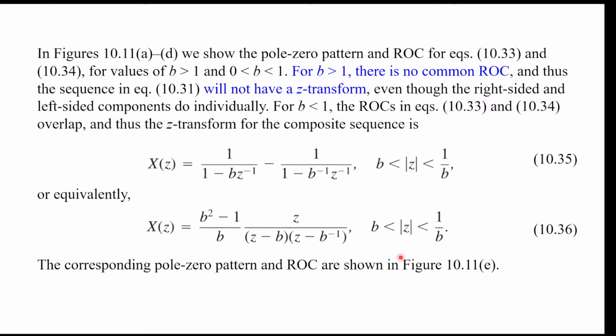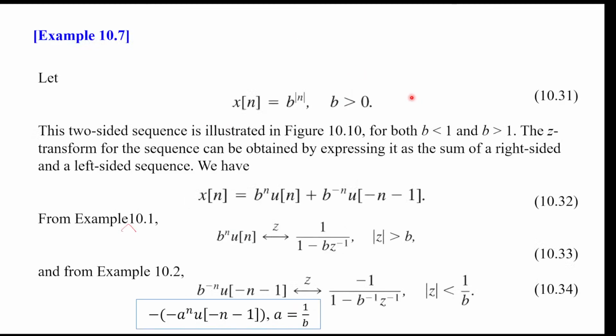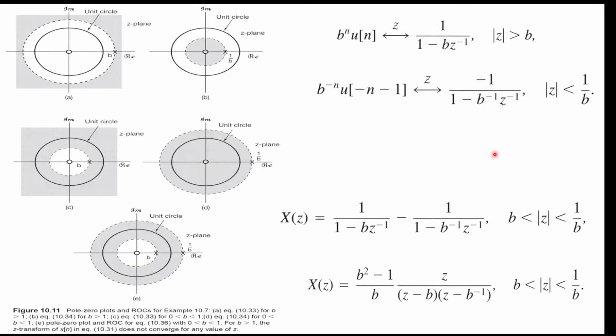Okay, so this is the double-sided exponential signal, and this example leads us to see the two-sided signal analysis, where we have a left-sided signal and a right-sided signal. They have their own ROC, and the overlap between those two ROCs is the ROC of the resulting signal.